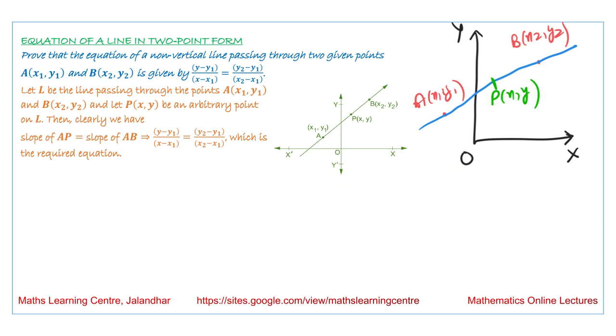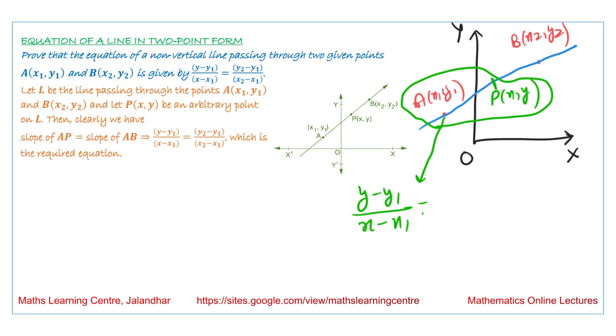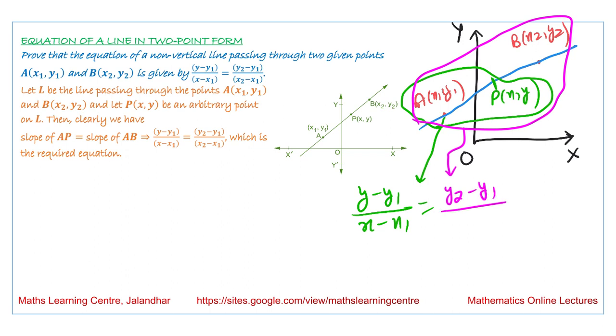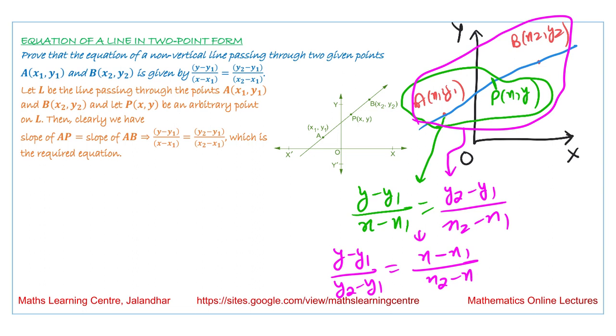So if we calculate the slope of the line PA, the value we will have is y minus y1 over x minus x1. This slope should be equal to the slope of the line AB, and the slope of the line AB is y2 minus y1 over x2 minus x1. So the equation of the line is y minus y1 over y2 minus y1 equal to x minus x1 over x2 minus x1.